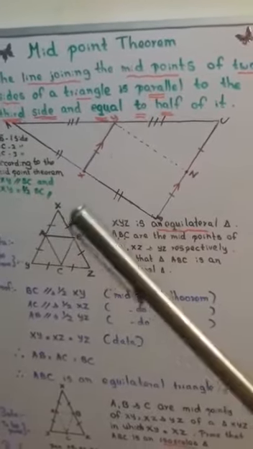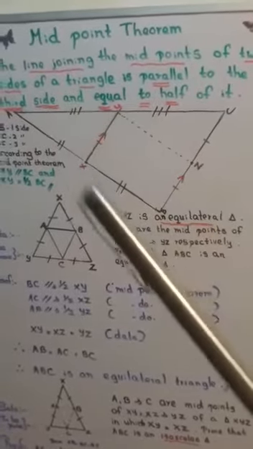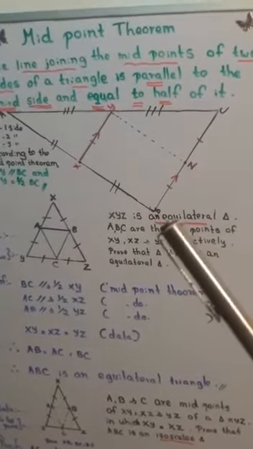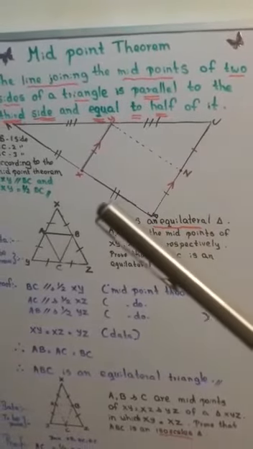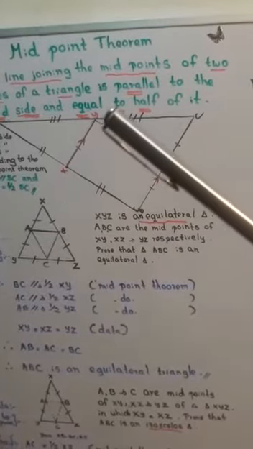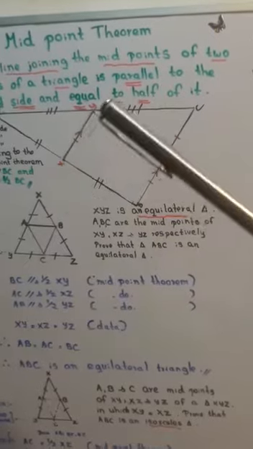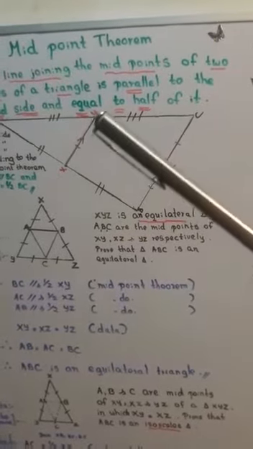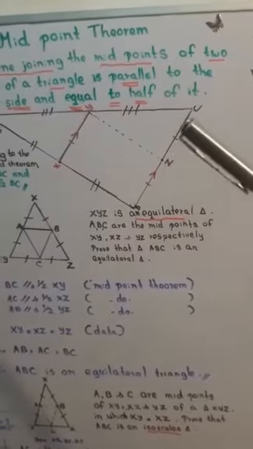So X and Y are midpoints of AC and AB. Then the third side is BC. According to the midpoint theorem, the line joining is this line XY. Then that is parallel and half of the third side.